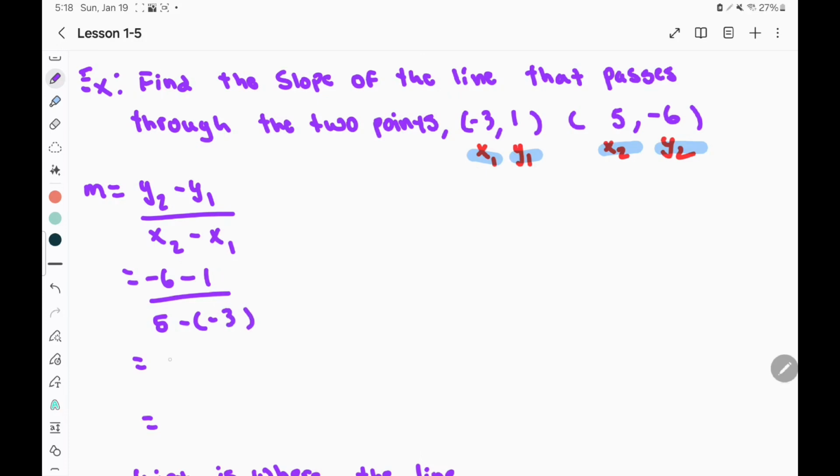Go ahead and simplify the top, and -6 minus 1 will give us -7. And 5 minus -3, remember 2 negatives make a positive, so that's 5 plus 3, which gives us 8. So just using our standard formula for slope, we have that the slope, given those 2 points, is -7 over 8.